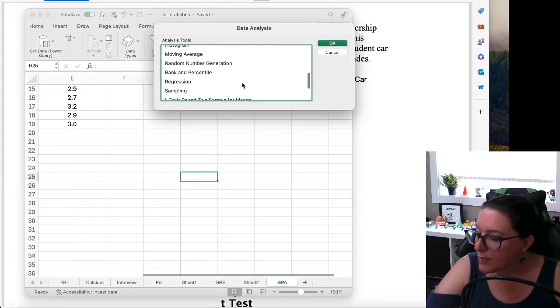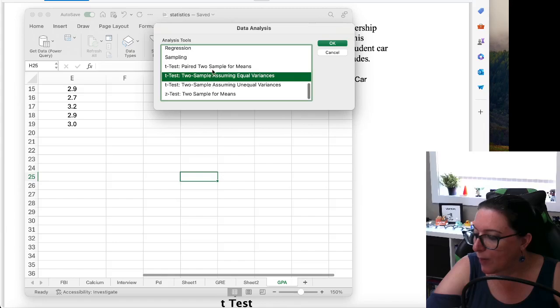In the Data Analysis Tool Pak, you will see that we have a two-sample t-test assuming equal variances and a two-sample assuming unequal variances. So this equal variances is that pooled t-test. The unequal is the separate variance test we're going to do next.